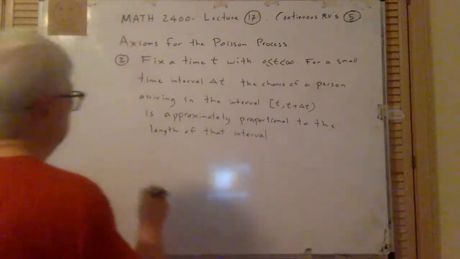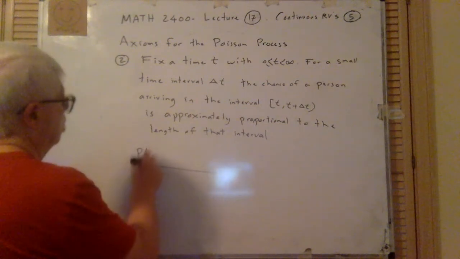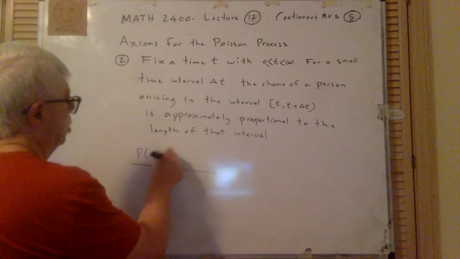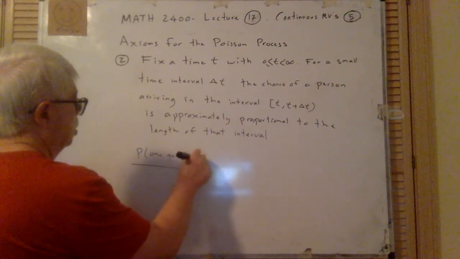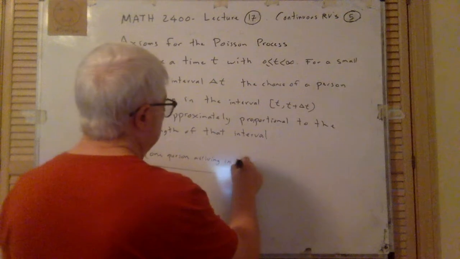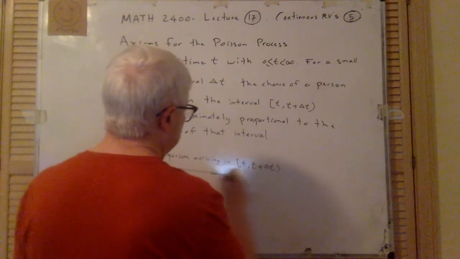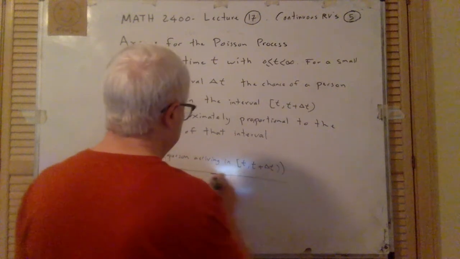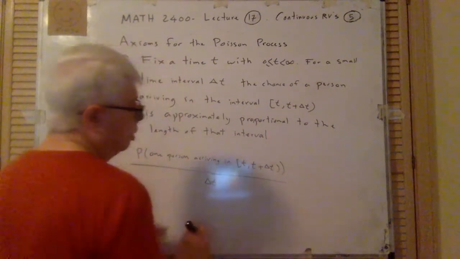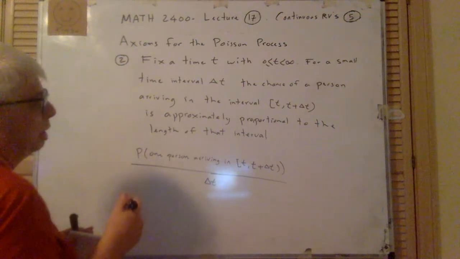Which means what? Which means that P of one person arriving in the time interval (t, t plus delta t), divided by delta t, that's the length of the interval. This is proportional to the length of that interval.